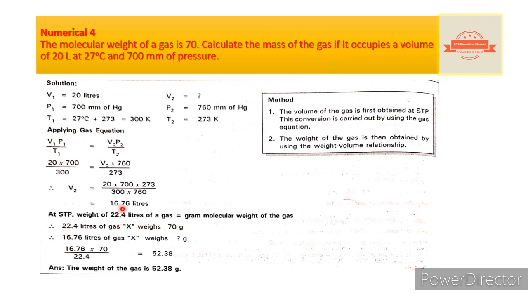Therefore 16.76 liters of the gas has a mass 16.76 into 70 divided by 22.4 equal to 52.38. On calculation, the mass of the gas is found as 52.38 gram.